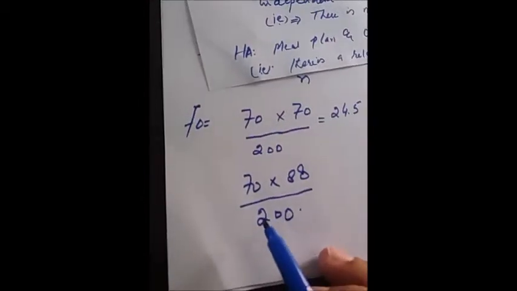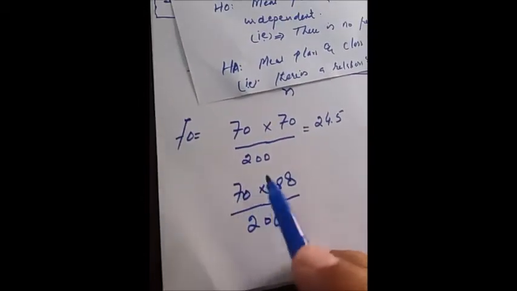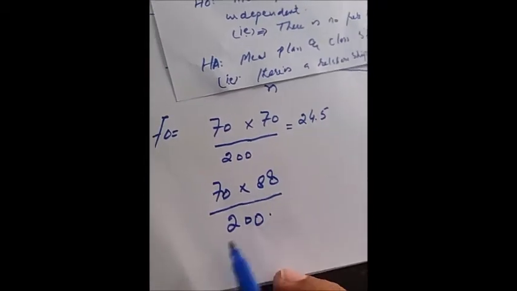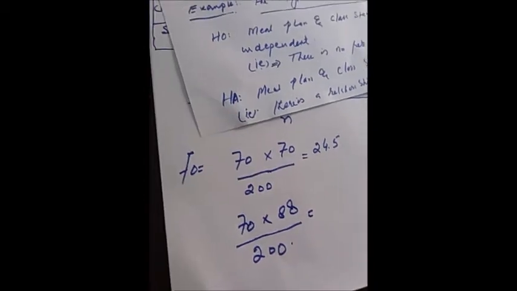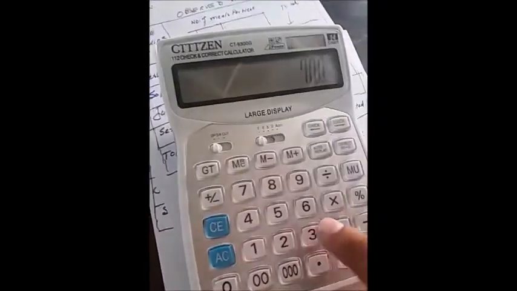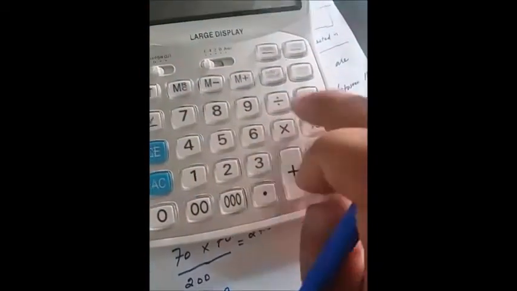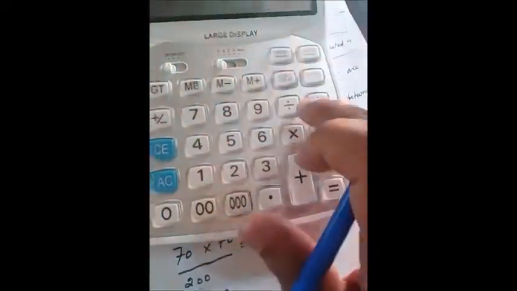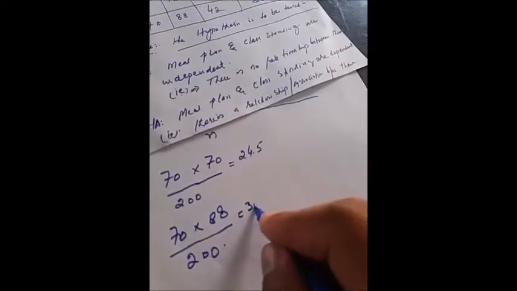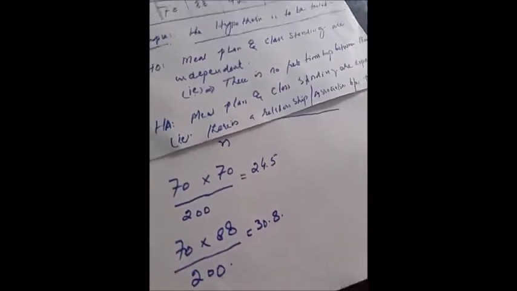So 70 multiplied by 88 divided by 200 is equal to 30.8.